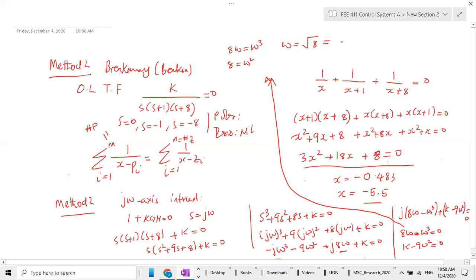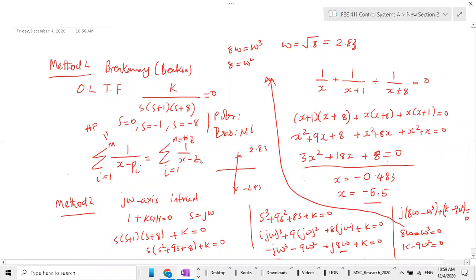Someone check, please. Yes, 2.83. So you know your omega here is 2.83, and that one is minus 2.83.